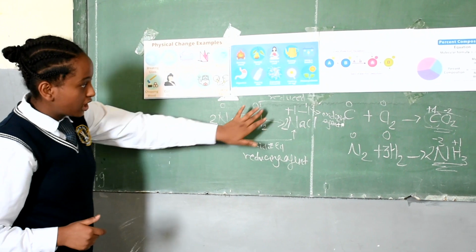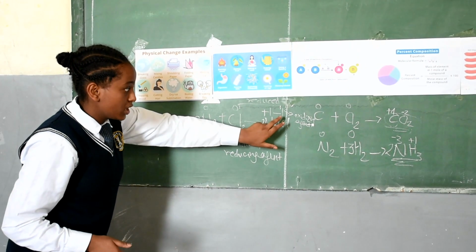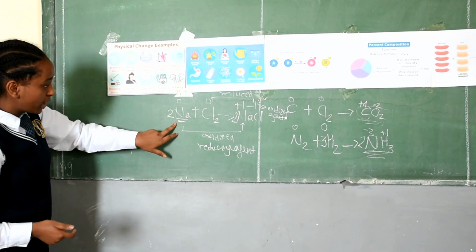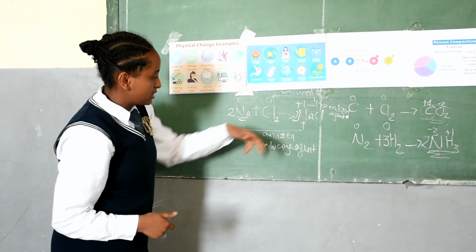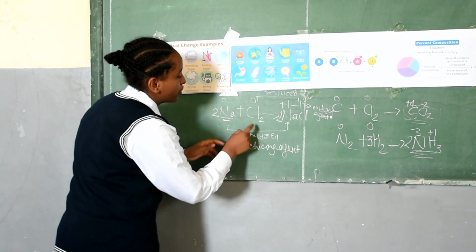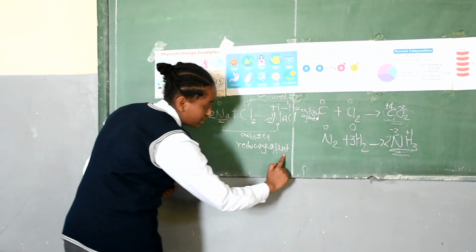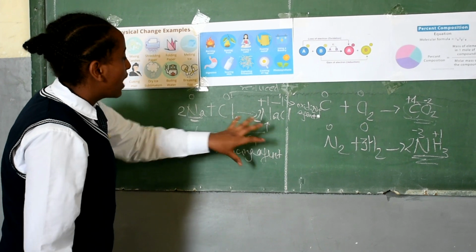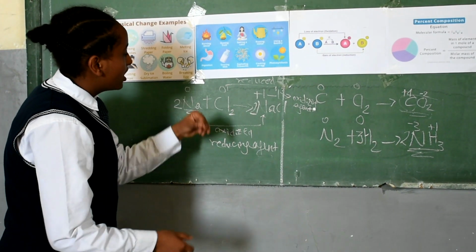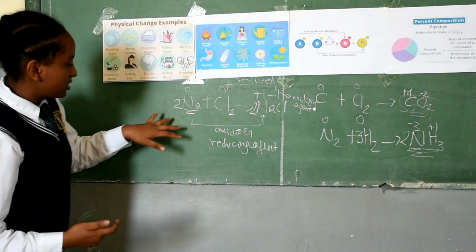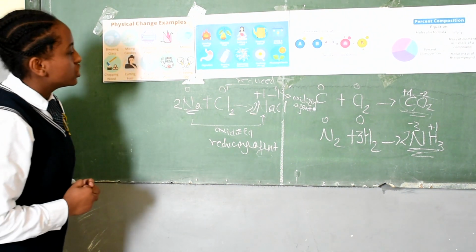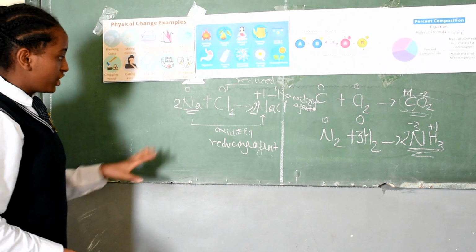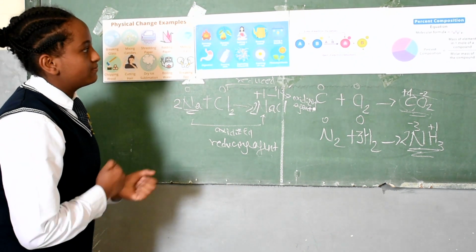We say that chlorine got reduced by gaining this electron. So who donated this electron? Sodium, right? So if sodium donated this electron, then it is the cause of the reduction of chlorine. That's why we call it a reducing agent. While chlorine is the one that accepted the electron that has been lost by sodium, so it's an oxidizing agent, which is the cause of the oxidation of sodium.